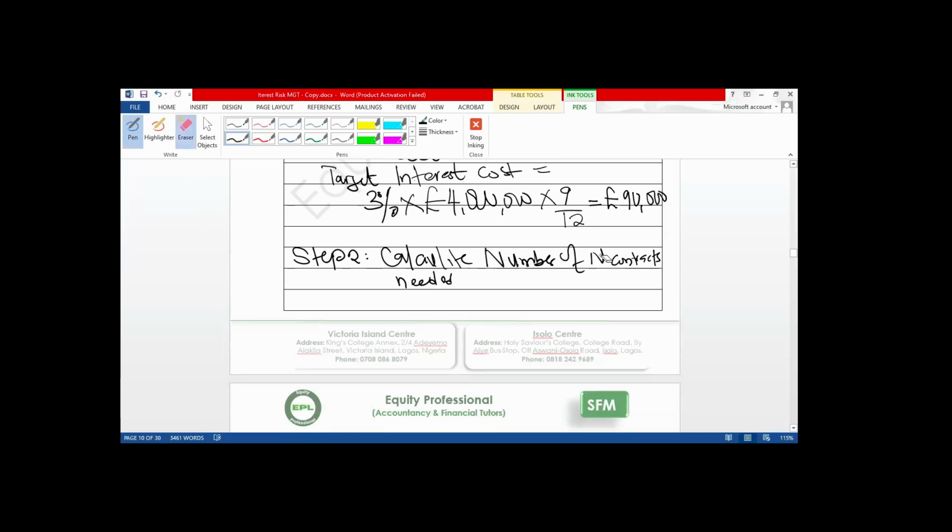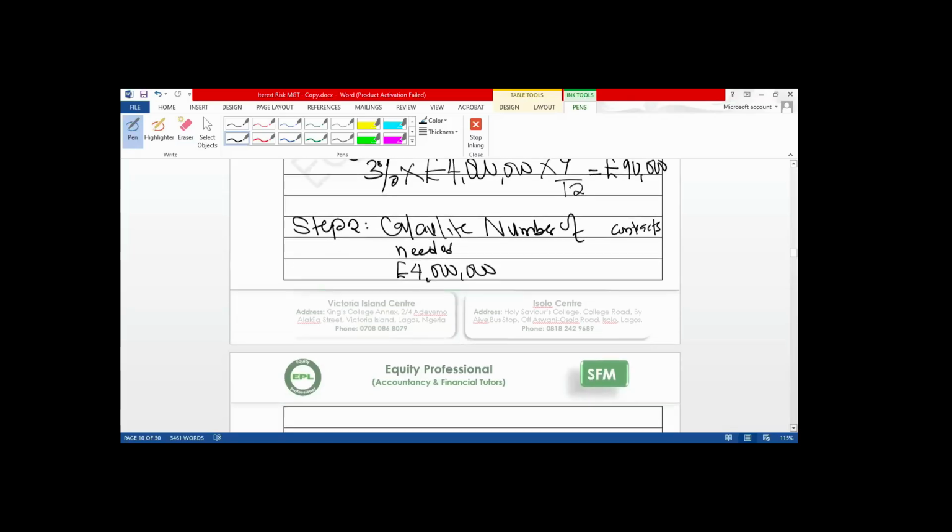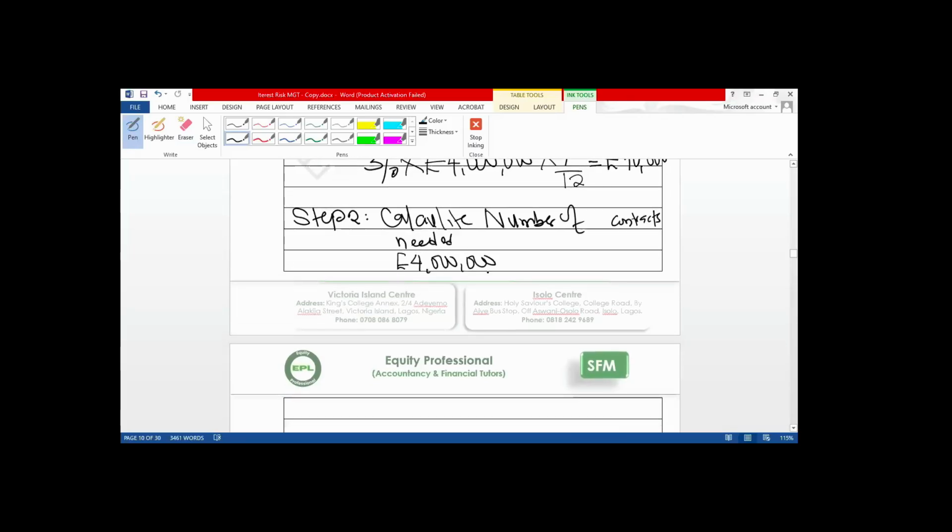To do this, the formula is the amount you are planning to borrow, £4 million, divided by the contract size.